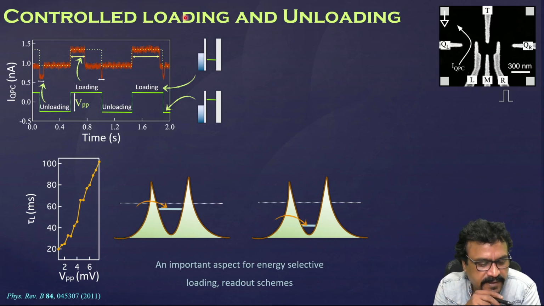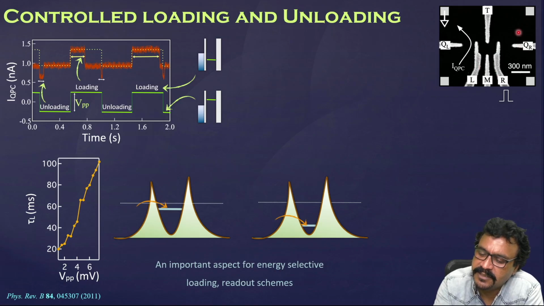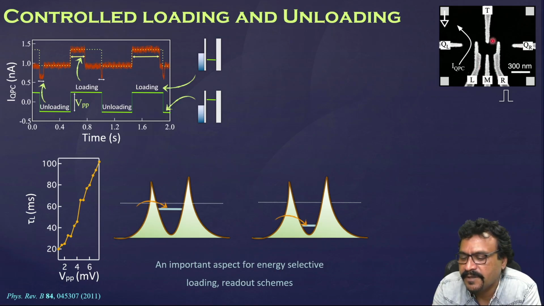Okay. This is kind of an important exercise to initialize the qubit state and also detect whether the loading has happened or unloading has happened. So, this is the dot. When you energize these gates, you get a dot in the middle, and the change in the current through this channel will distinguish whether the electron has loaded or not.